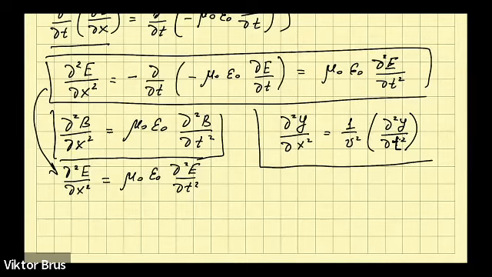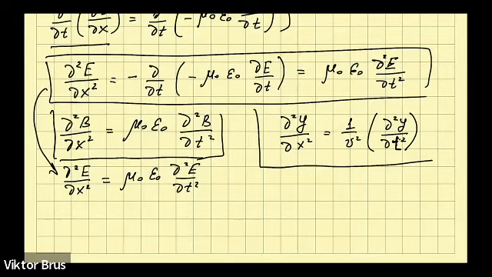We can write this relationship between magnetic field and position x and time, as well as electric field, position x and time, in the form of the general wave equation.